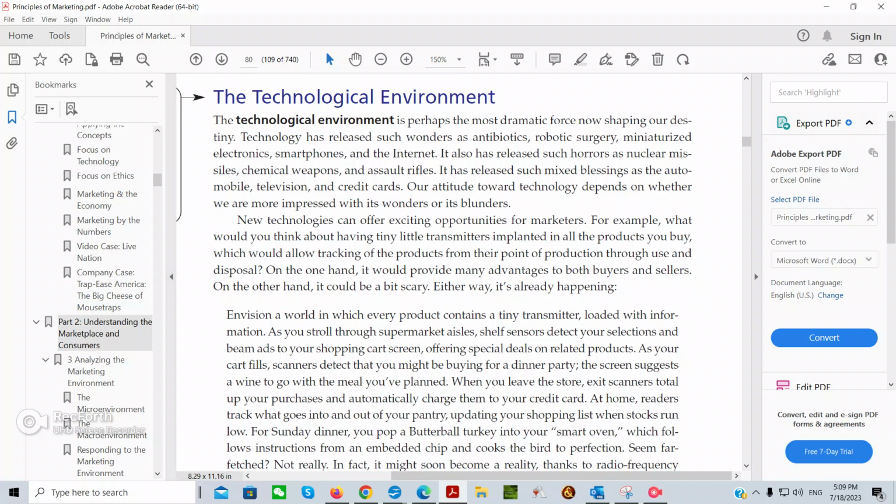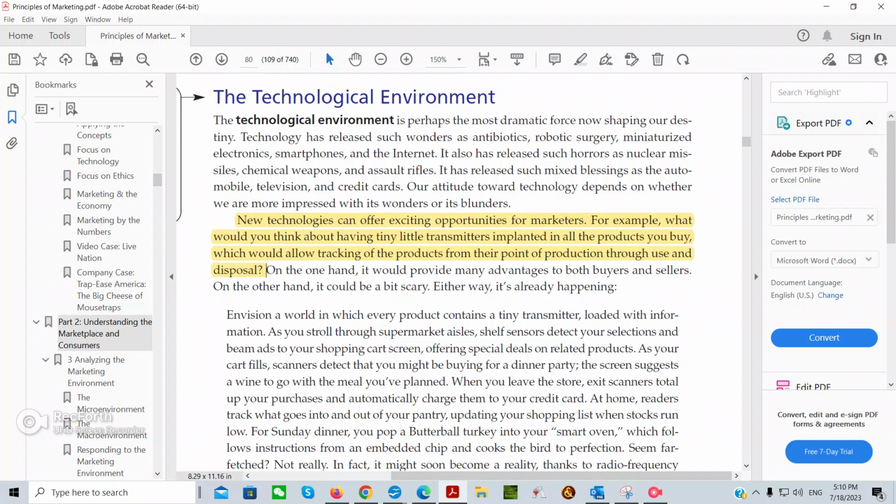New technology can offer exciting opportunities for marketers. For example, what do you think about having little transmitters implanted in all the products you buy, which allow tracking of the products from their point of production to their use and disposal? So that would be in the packaging, not the food itself, of course. So that's one example there.